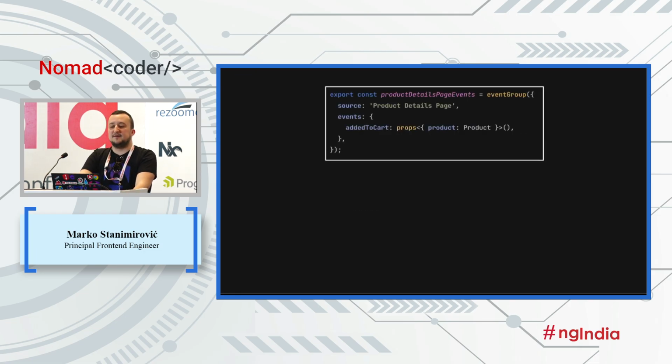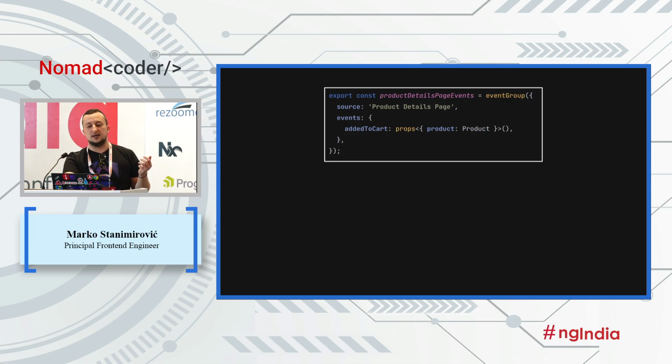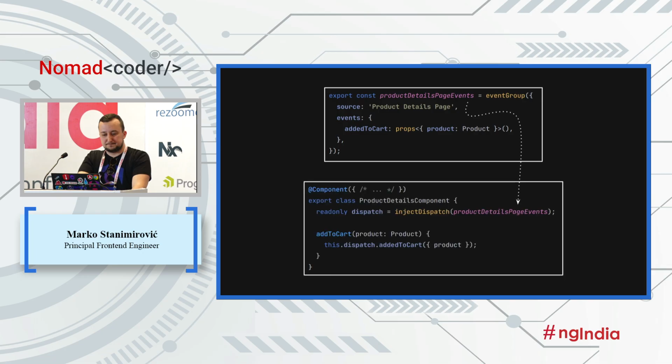So to create events, we can use the function called eventGroup. And if you're familiar with global NgRx store, this is just a new name for the createActionGroup function. It accepts a source and a dictionary of events as input arguments.